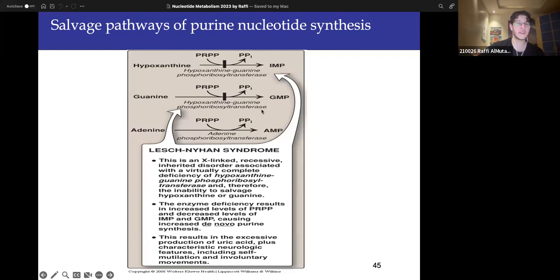In this disease, there is no HGPRT, so this reaction right here is not happening. Instead, we have a lot of this. The PRPP, which is normally used to make IMP and GMP, is not going to be used. It's going to drive this reaction right here, which will make AMP, and we will have way too much AMP, way beyond what we need.